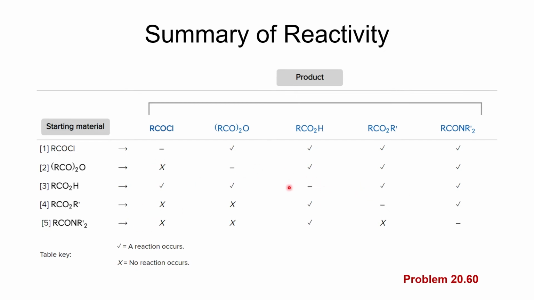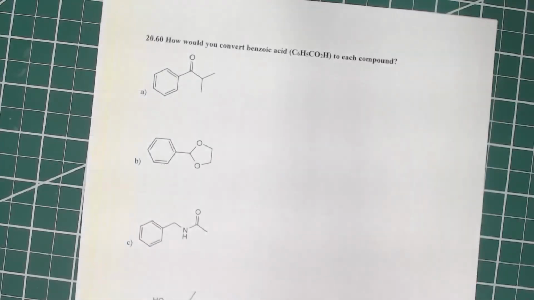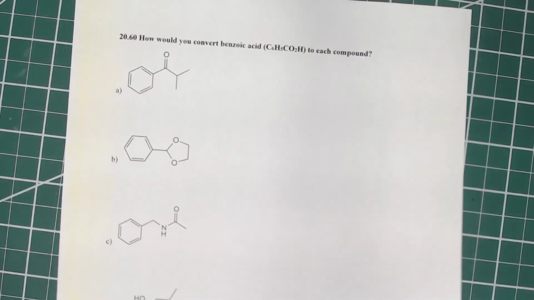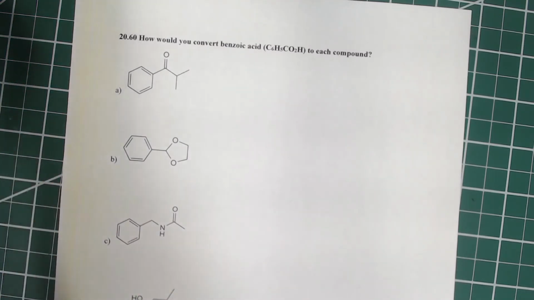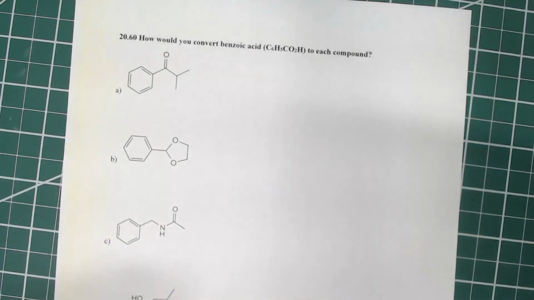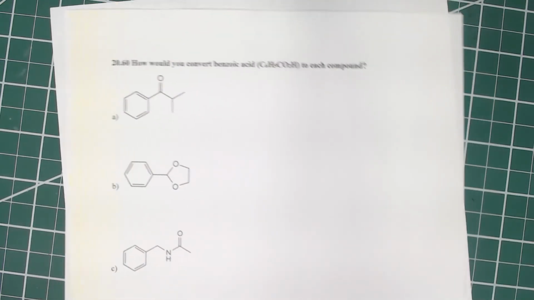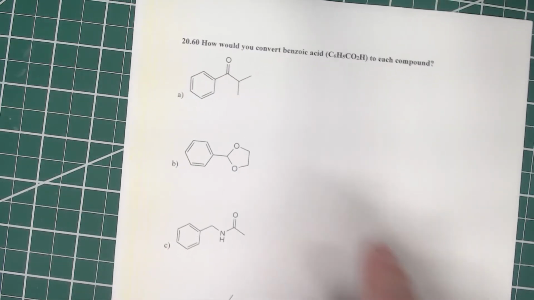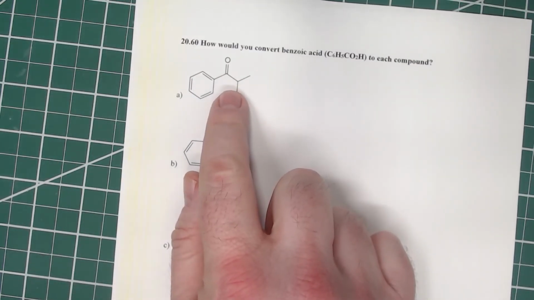So that means that it's possible to go back, but we have to do some tricks. Let's look at number 60 on the in-class assignment. So we're trying to figure out what reaction can we use to start with benzoic acid, and then make these particular components.